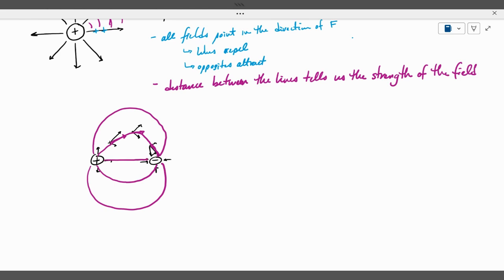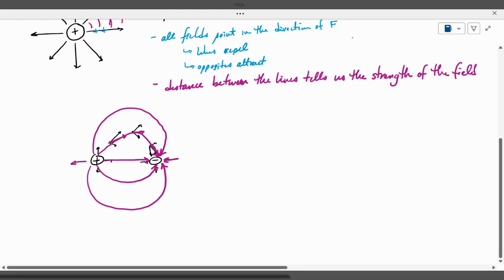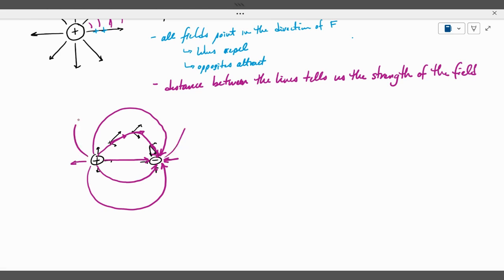In the middle, we're just going to have one line going straight through. These will all have arrowheads on them, showing the directionality of the field. And on the absolute ends here, it would go away and then towards. Obviously this will just repeat itself out here. How many lines you want to draw is up to you. It looks kind of like a spider, I guess. But that would be a positive and a negative. I'm having a day today.